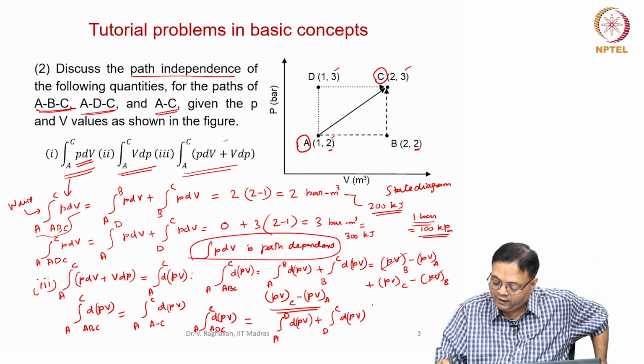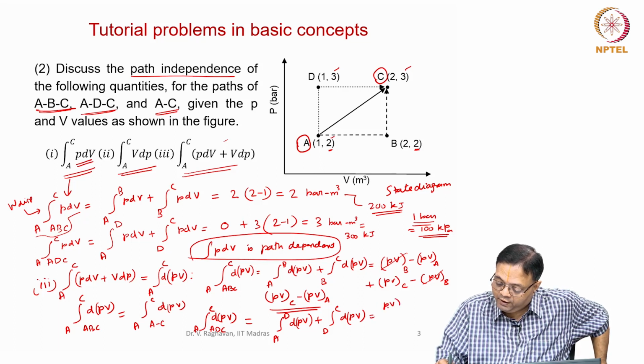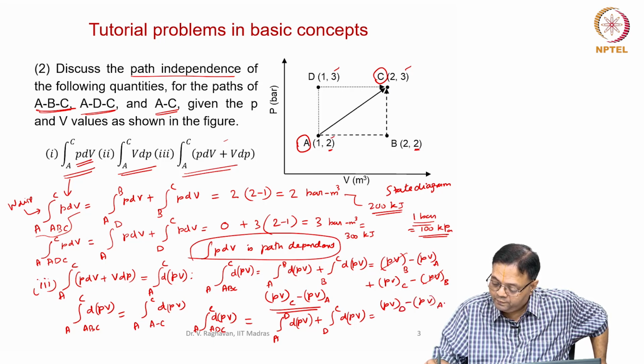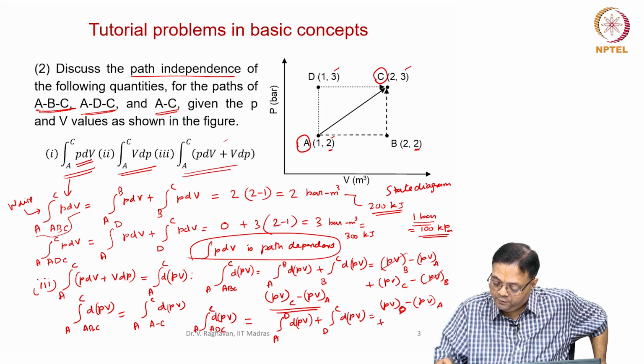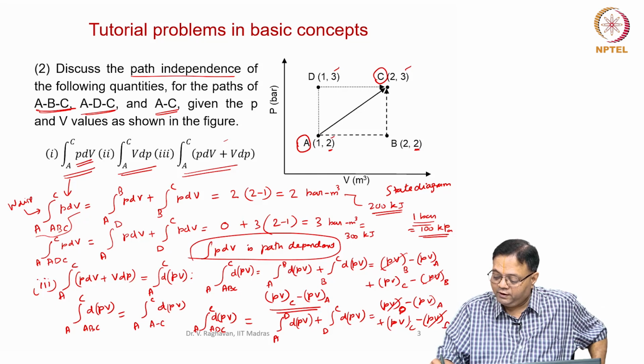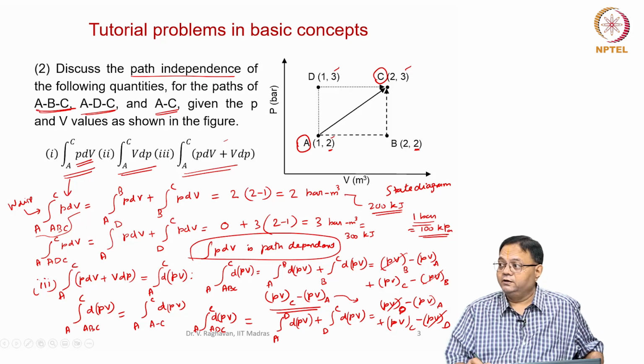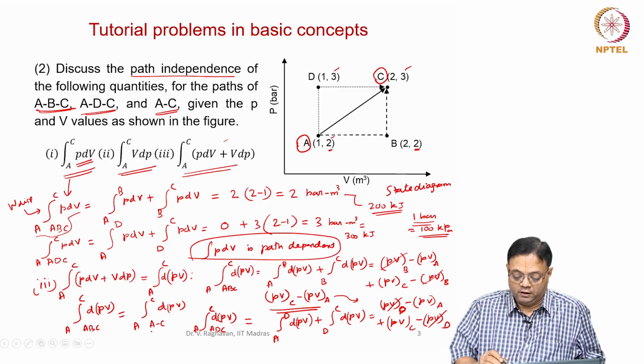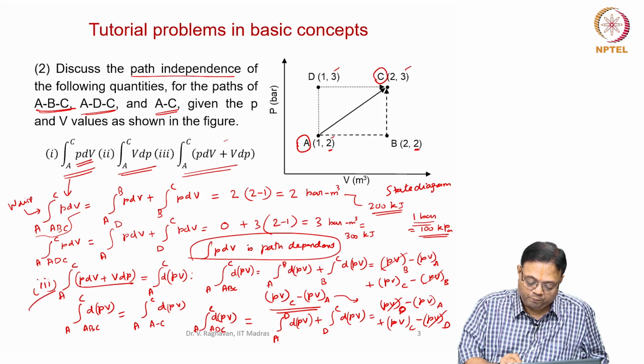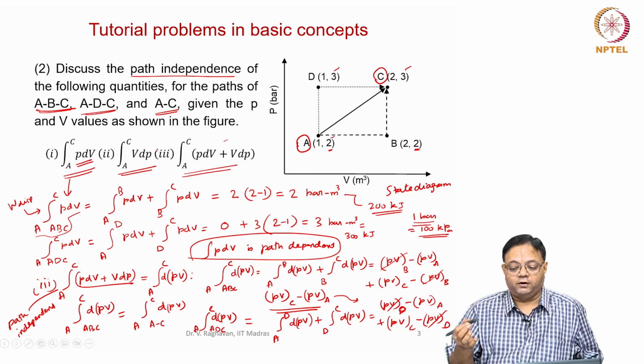So, here also you can see that it is PV D minus PV A plus PV C minus PV D. Now, you can also see this results in PV C minus PV A, which is same as this. That means the third is path independent. 1 and 2 are path dependent.